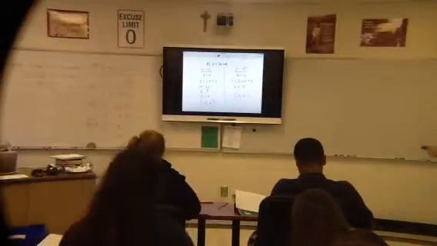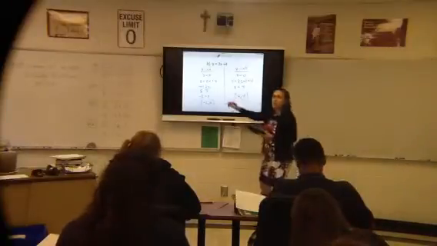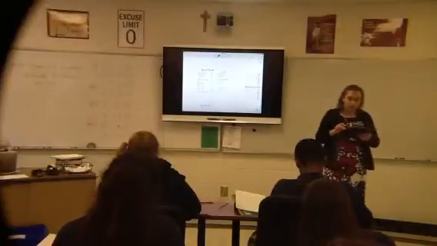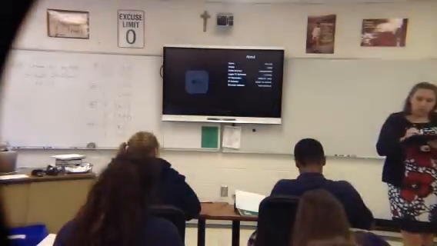Okay, does anybody have a question so far about what's happened? We're good? Okay, so then what we need to do is go over to your graph. So the x-intercept is at negative 2.